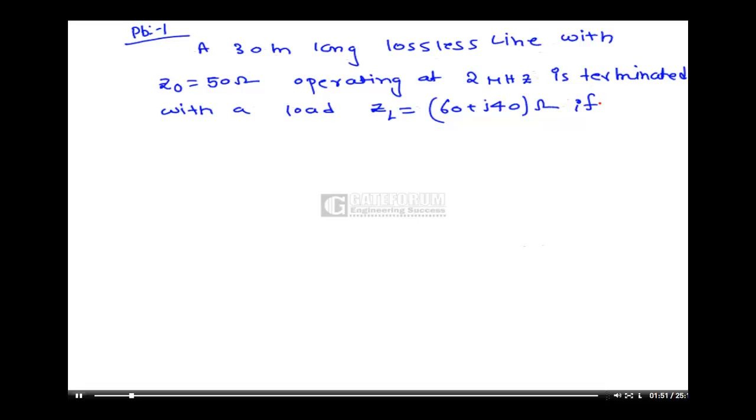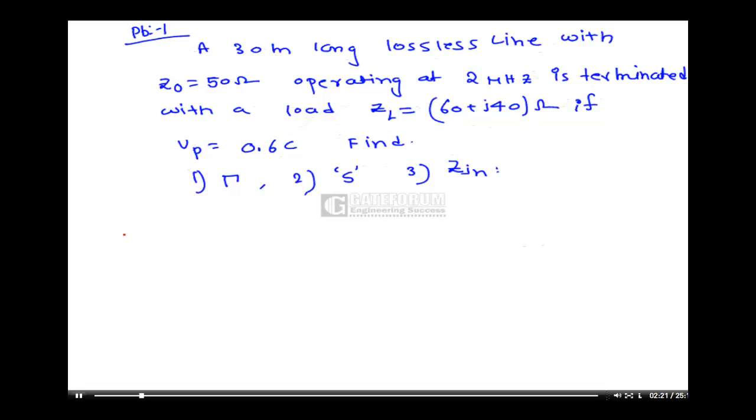If Vp, phase velocity, is equal to 0.6 c, where c is the speed of light, find: first one is the tau value, second one is the S value, third one is the Zin value.